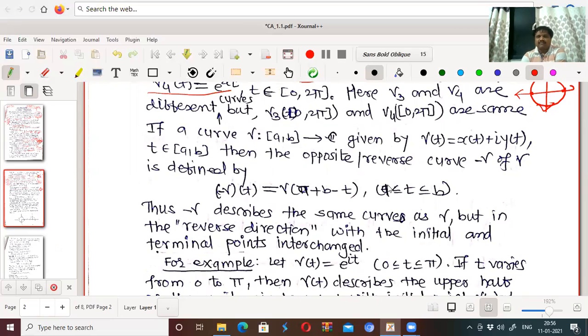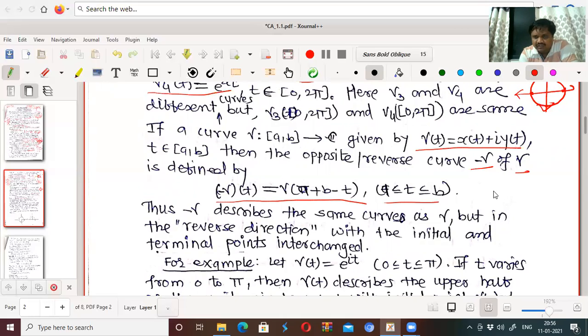If a curve gamma from the closed interval a b to the complex plane is given by gamma t equal to x t plus i y t for t belongs to a b, then the opposite or reverse curve, denoted by minus gamma, is defined by minus gamma of t equal to gamma of a plus b minus t, for t lying between a to b.